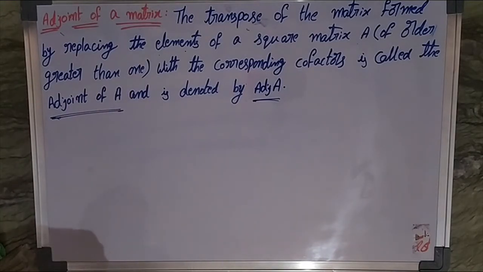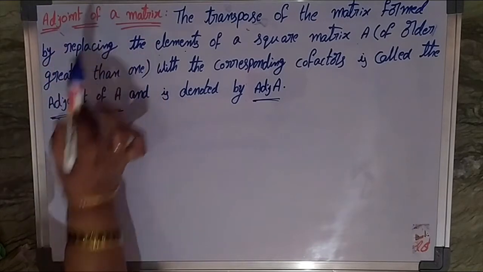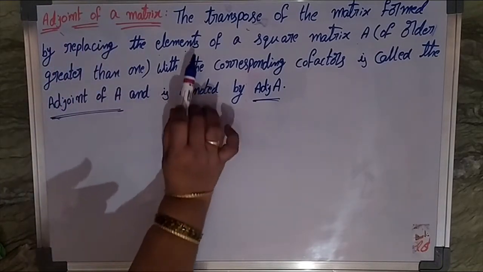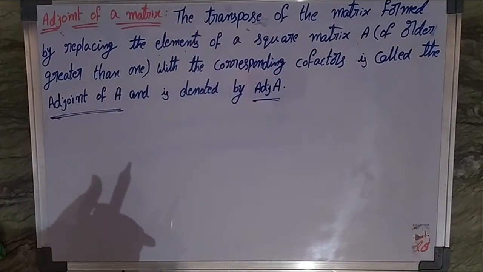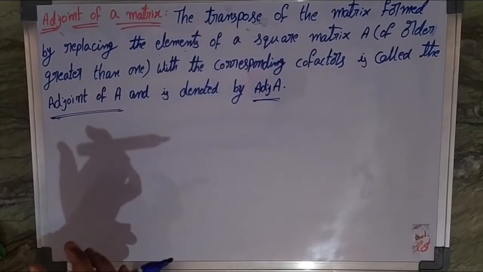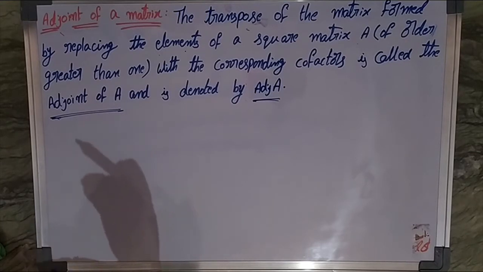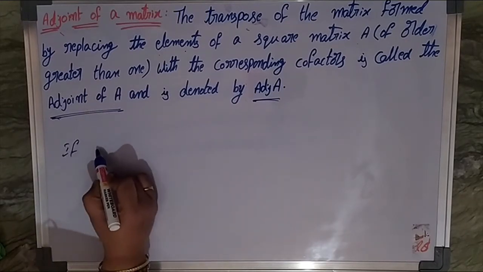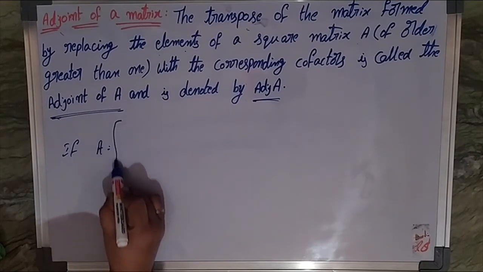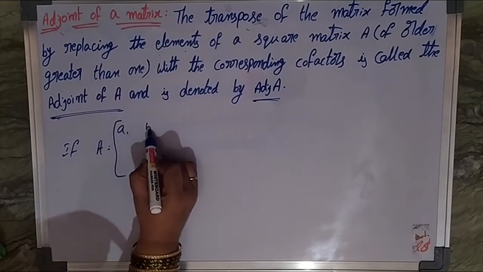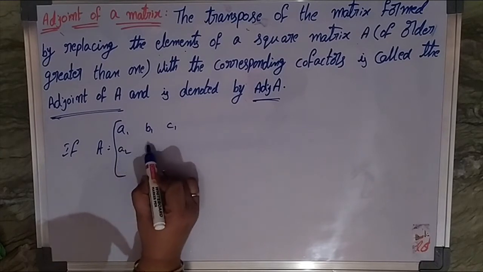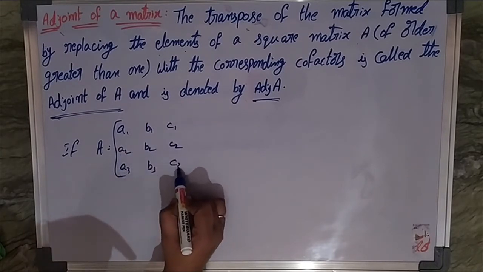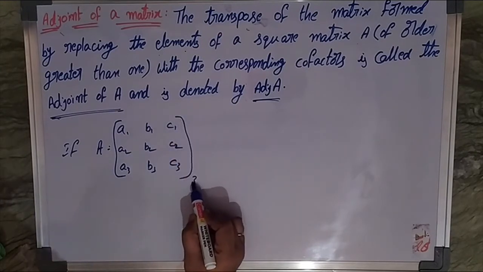To find the adjoint of a matrix, we take the transpose of the matrix formed by replacing the elements with their corresponding cofactors. Let A equal to A1, B1, C1, A2, B2, C2, A3, B3, C3 be a square matrix of order 3 by 3.